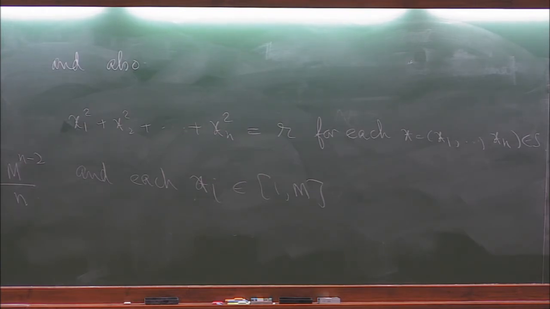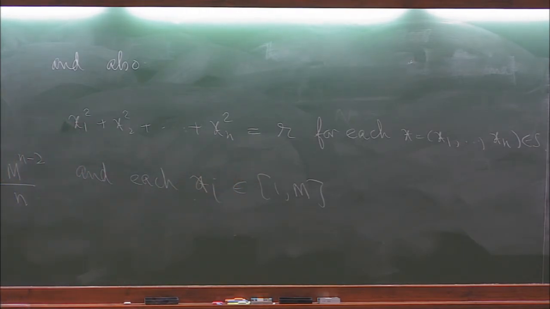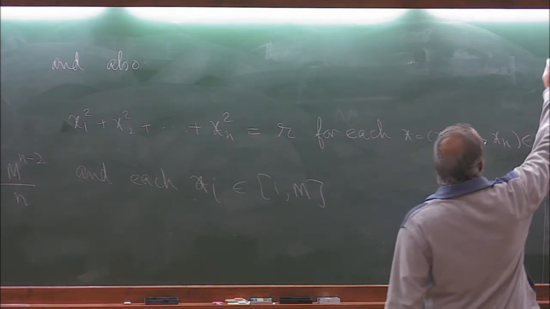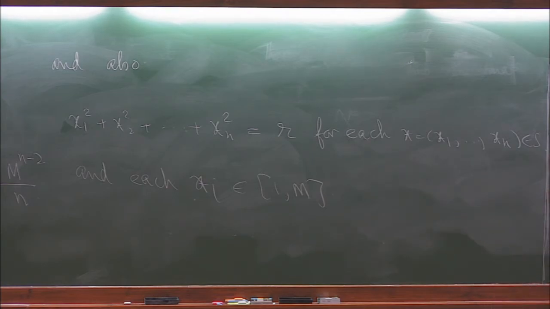Of course, pigeonhole will tell you that there is an r, but it will not tell you the arithmetic nature of r, which is of course a hard question, but that is irrelevant to our theory. So that's basically the first idea, to produce a sphere with a large number of integer points. That's done by a pigeonhole argument.